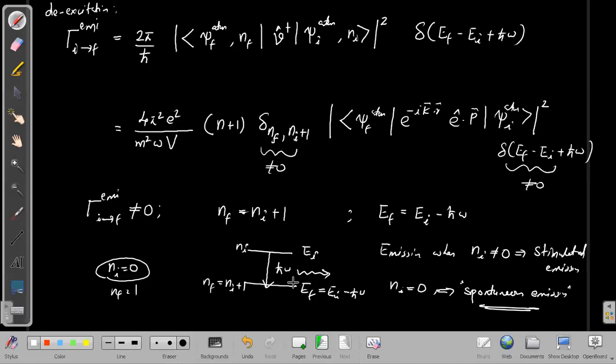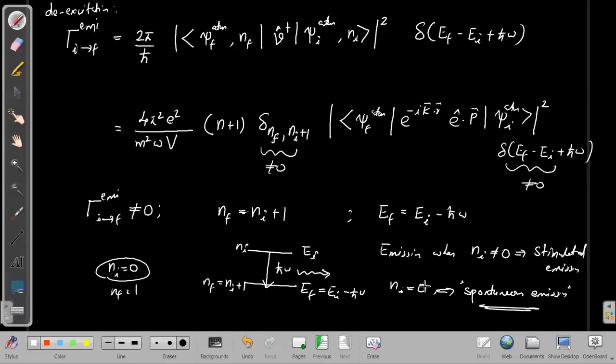Even if the initial number of photons is zero, there can be emission, and such emission gives the theory of spontaneous emission. We are not going to discuss spontaneous emission much; if you want, you can read the quantum theory of spontaneous emission.